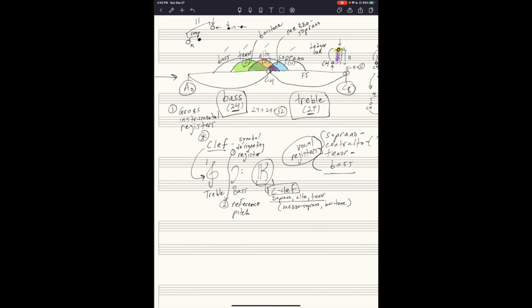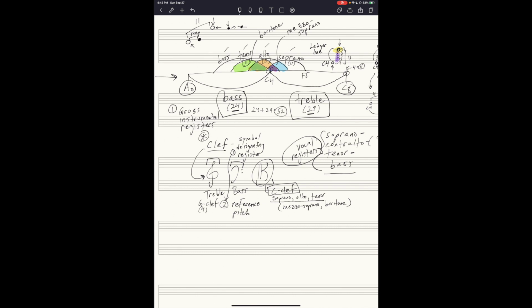And then these two, the treble and the bass, first of all, are not movable or no longer movable in modern music, in the modern practice of Western music notation. And these have two other reference pitches. The treble is also called the G clef because G4 is the reference pitch.